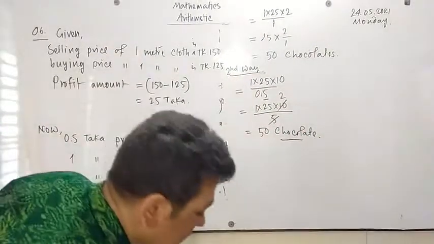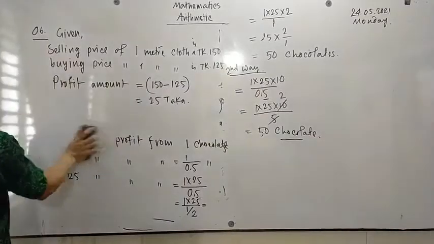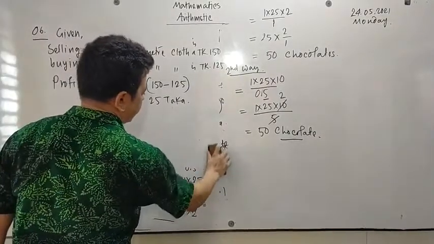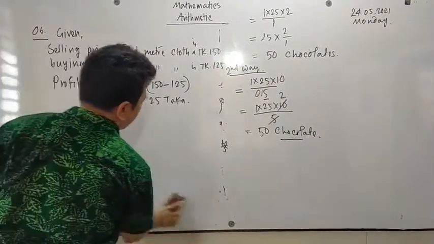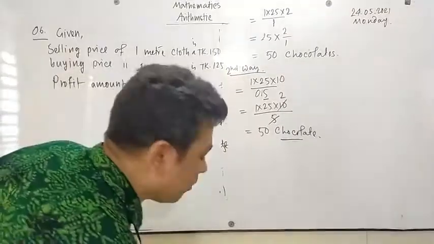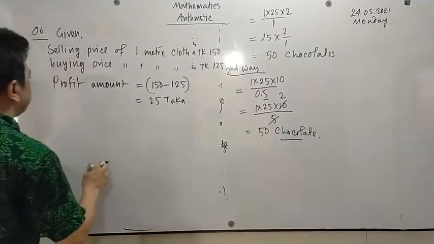I think you have done this kind of maths in the previous class. So, 25 taka profit from 1 meter of cloth.